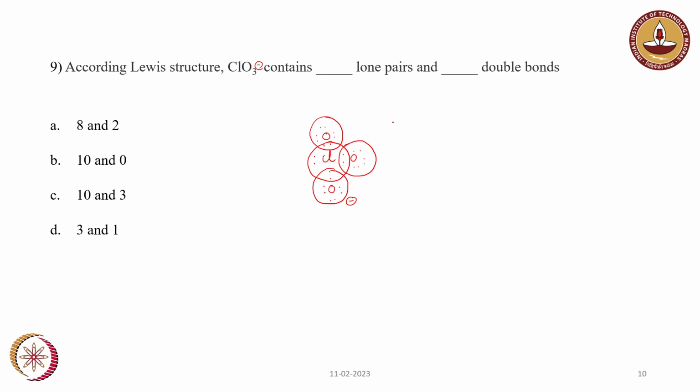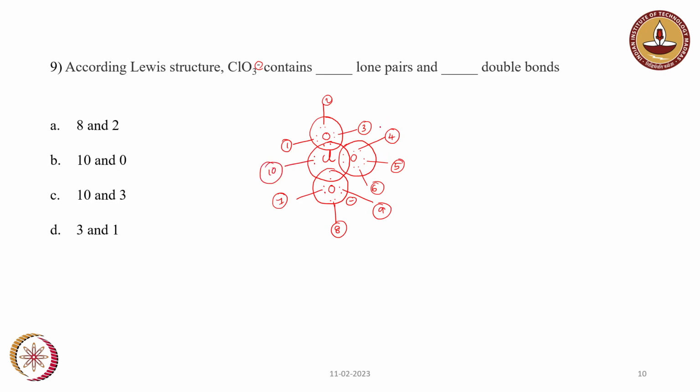So we'll count the lone pairs: 1, 2, 3, 4, 5, 6, 7, 8, 9, and 10.